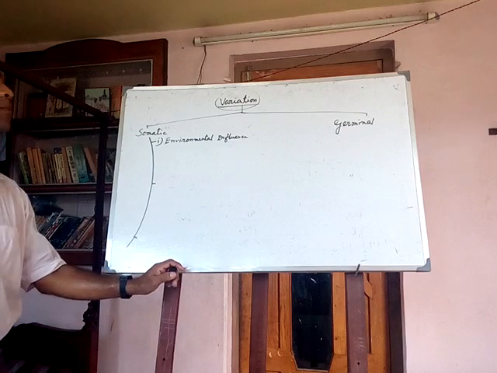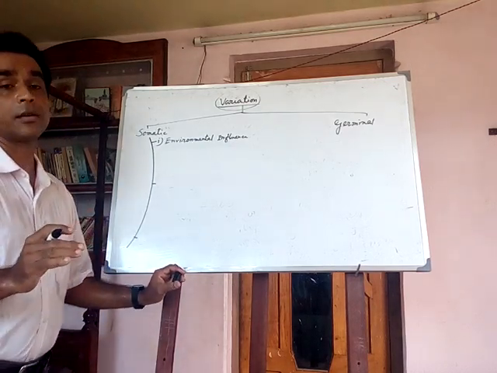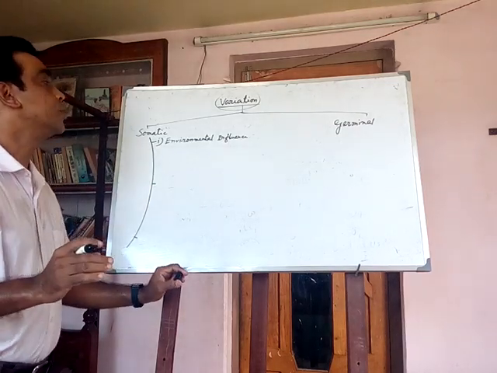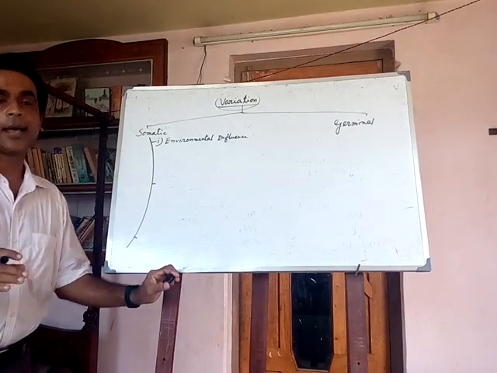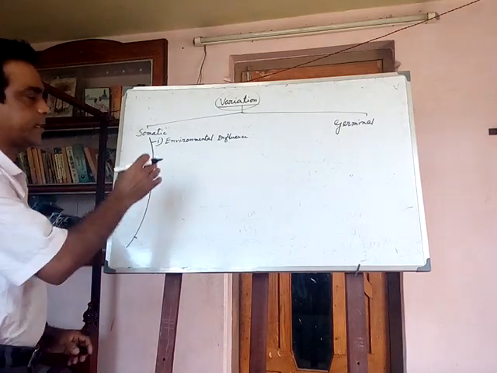When environmental influence affects our somatic cells, then this type of variation can be formed. So many examples I have here.